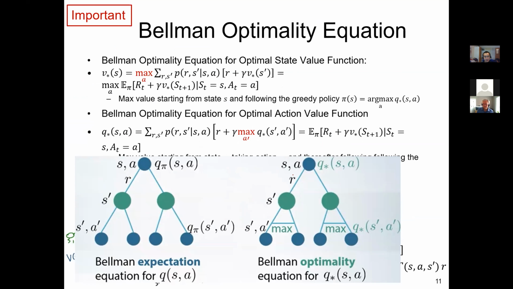From this point, you can do a backup from Q star S prime A prime. You can do a max over A prime, and then back up. That's the expectation over here, and then you get the Q star. Similarly for the Q pi, and both levels are expectations.